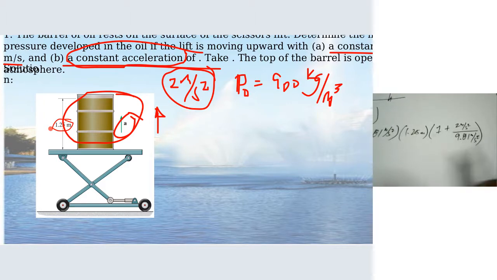Solving for the pressure, if we have 2 meter per second squared na acceleration, that is 900 kilogram per cubic meter times G times the height, 1.25 meter, times 1 plus acceleration, 2 meter per second squared over G na 9.81 meter per second squared. So what is the pressure?